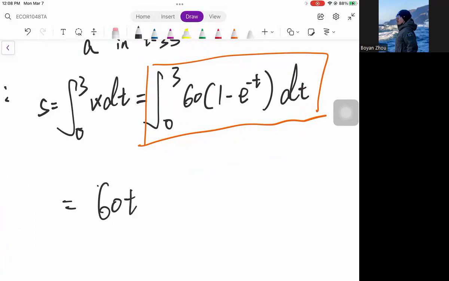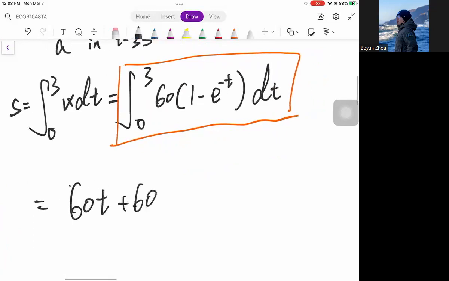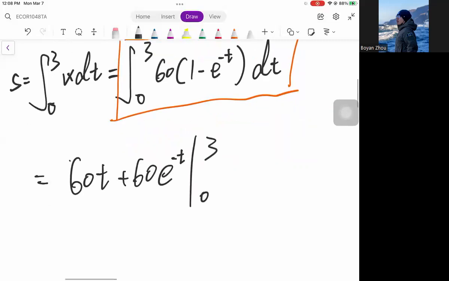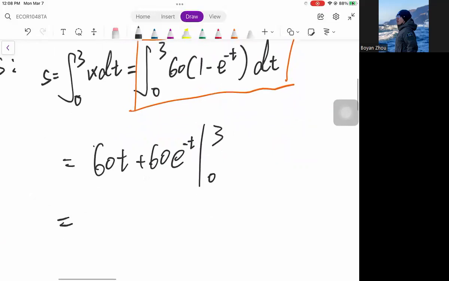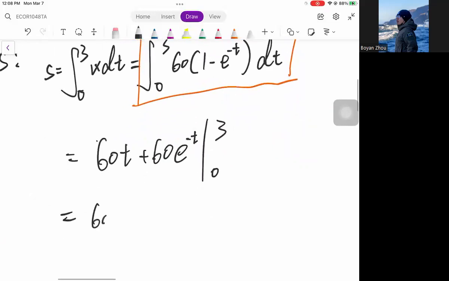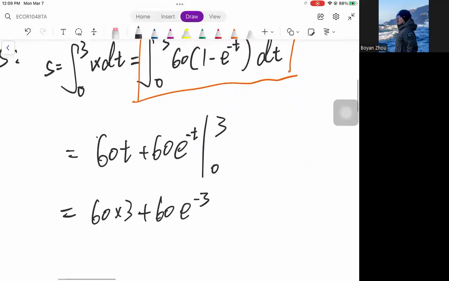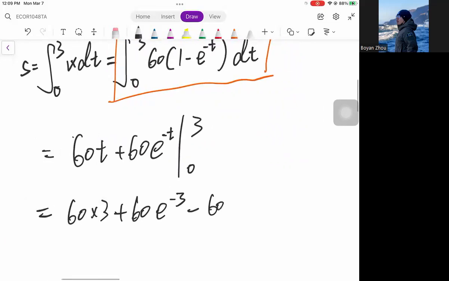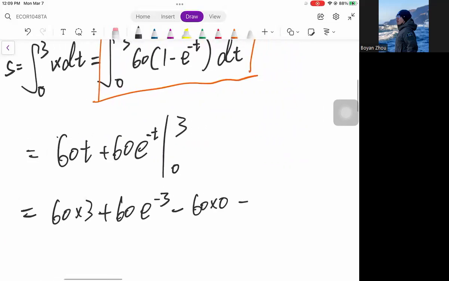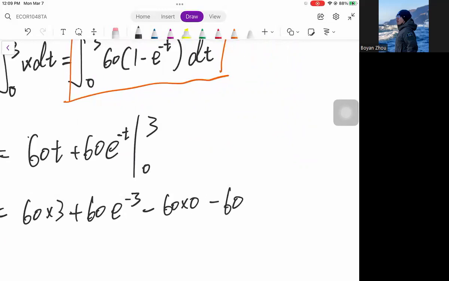So that is going to be 60t plus 60 e to the negative t, and we're evaluating from 0 to 3. Just putting in the numbers: 60 times 3 plus 60 e to the power of negative 3, minus 60 times 0 minus 60 times e to the power of 0.